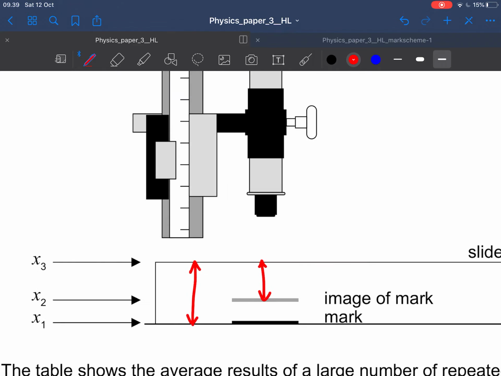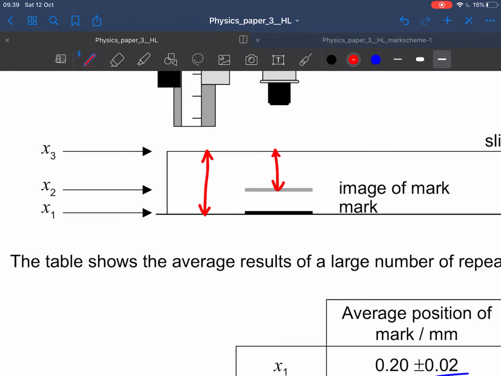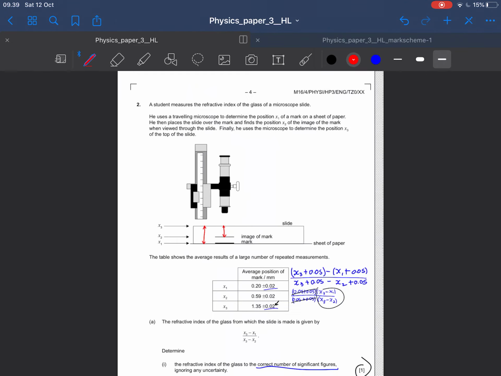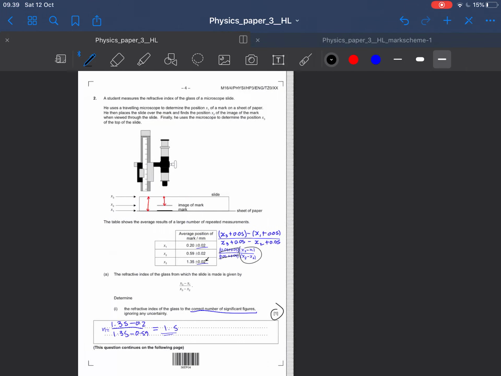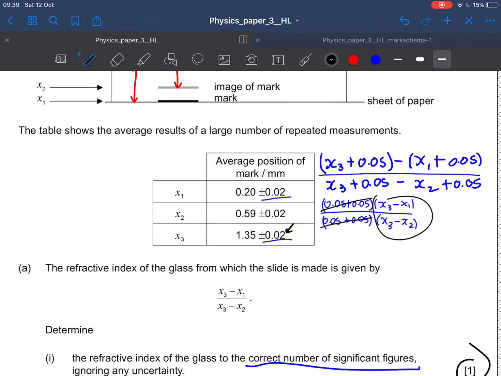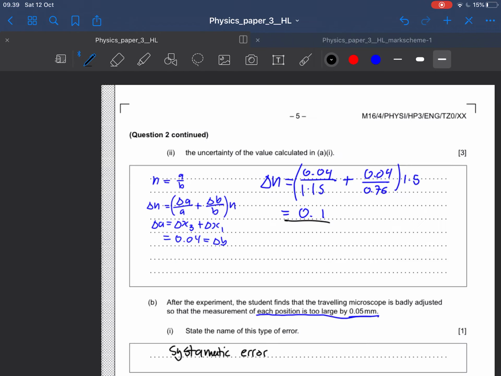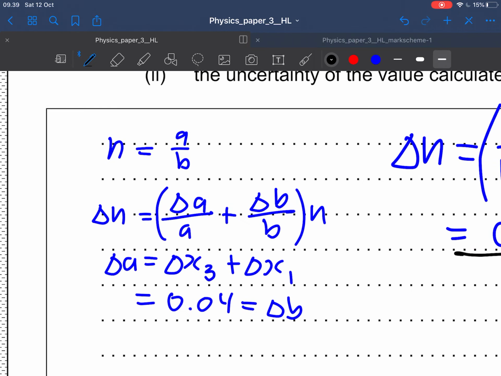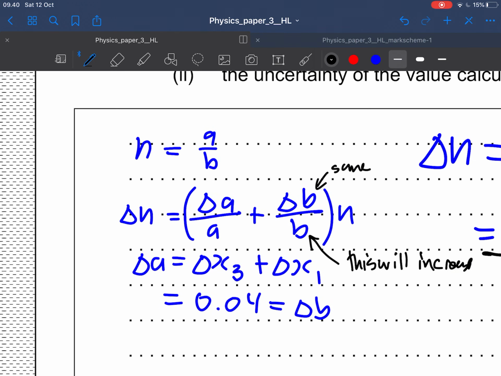And so, if we make this really, really thick, that means that x3 and x1 are going to increase, and x3 and x2 are going to increase. And how does that affect the uncertainty? Well, remember x3 minus x1 is equal to A and x3 minus x2 is equal to B. So you're going to look back at your uncertainty equation and realize that this is going to increase whilst this stays the same, and this is also going to increase.